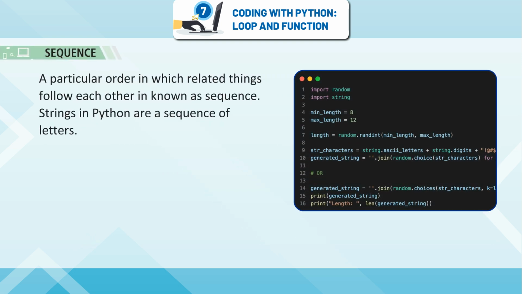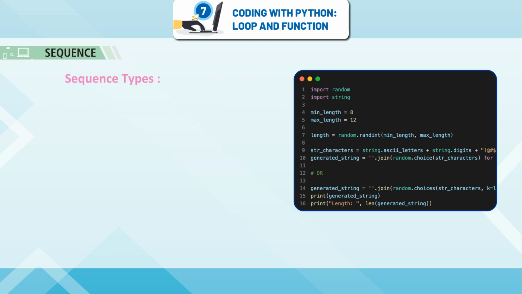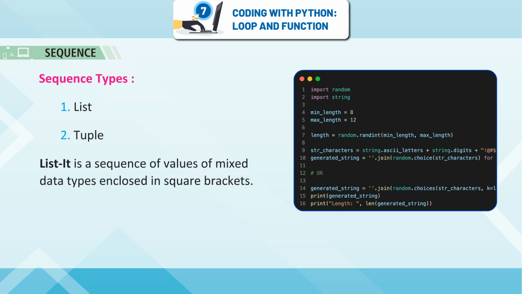Sequence. A particular order in which related things follow each other is known as sequence. Strings in Python are a sequence of letters. Sequence types: list, tuple. List: it is a sequence of values of mixed data types enclosed in square brackets.